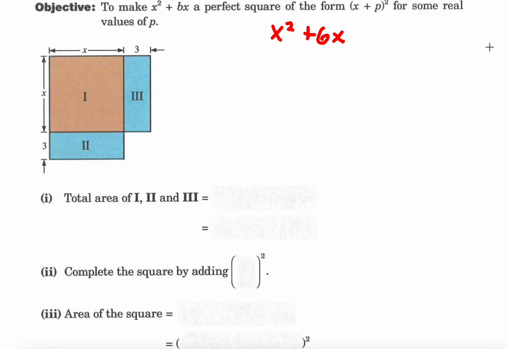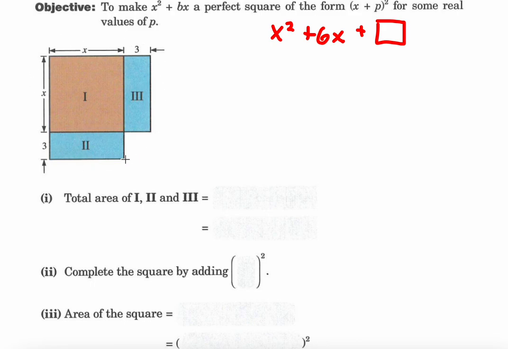But clearly, normally, you could only simplify it by taking out a GCF, and that doesn't really help you in most cases, okay? So we need to figure out the missing c value, okay?